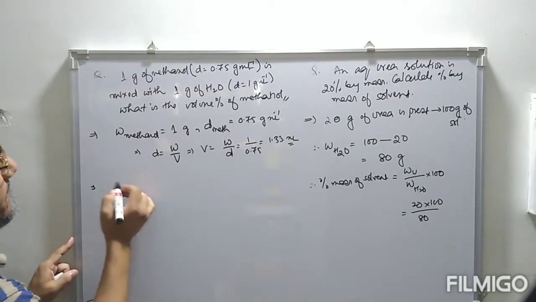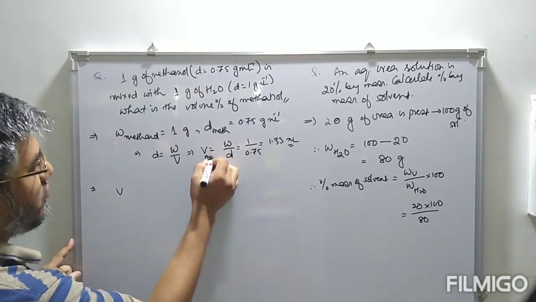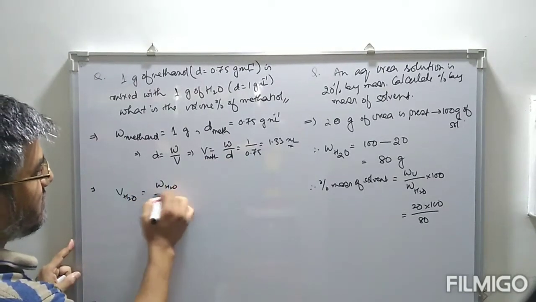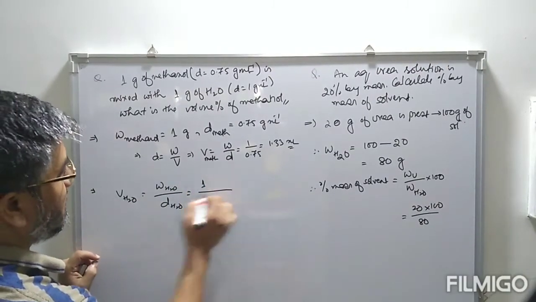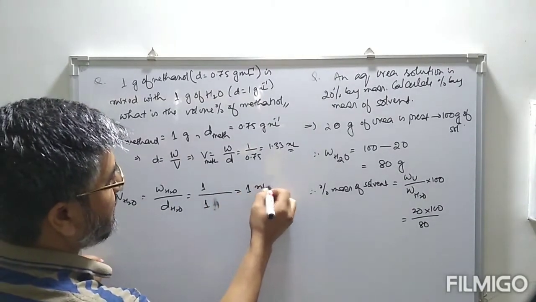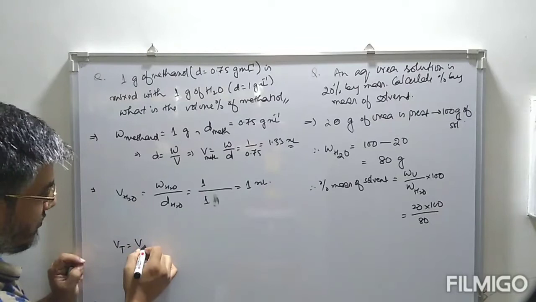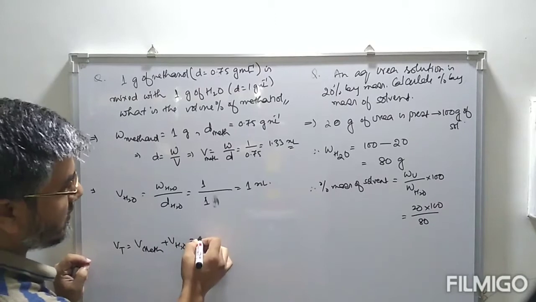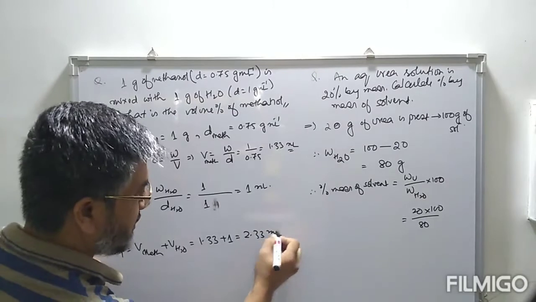Similarly, this is volume of methanol. Therefore, volume of water is again mass of water divided by density of water. Mass of water is 1, density of water is 1 gram per ml. So this is 1 ml. So therefore, total volume, that is volume of methanol plus volume of water, that is 1.33 plus 1, that is 2.33 ml.